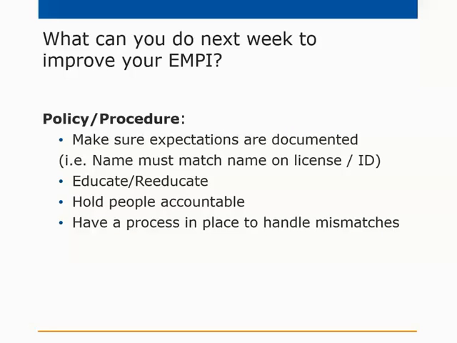Other things that we can do is to improve our policies and procedures, or even create policies and procedures. In a lot of cases, people don't have that in place, so holding people accountable is difficult, and giving them a resource or a reference helps people. So make sure that the expectations of your registrars are clear.